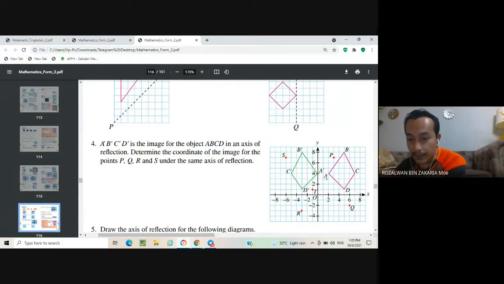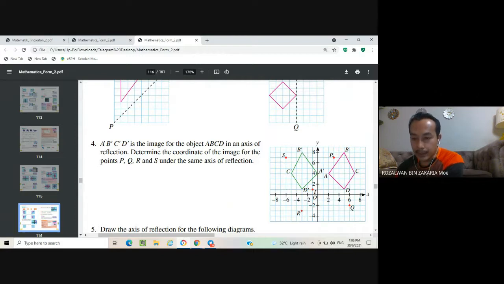We have to calculate the distance from point A to A prime, because A prime is the image for point A. The distance is 1, 2, so 2 boxes. After that you find the distance between point B and B prime.